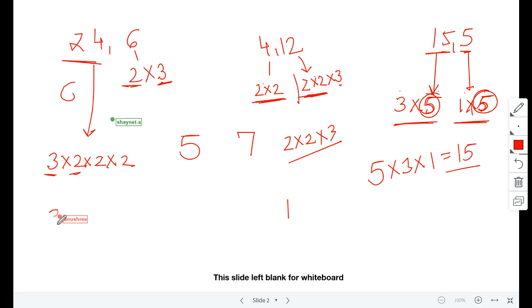So 3 multiplied by 2, that's common. And the remaining numbers are 2 comma 2. So it's 3 multiplied by 2 multiplied by 2 multiplied by 2. Tell me what's the final answer then?